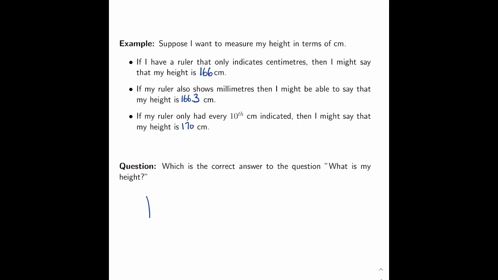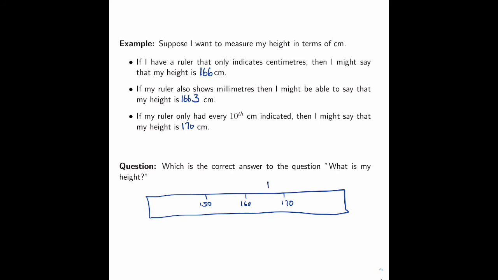If my ruler only had every 10th centimeter indicated, then I might say my height is 170 centimeters. Or, let's think about this a little. I won't draw all the way from the beginning, but suppose I have 150, 160, 170, and my height falls sort of right here. I actually think that we're inclined to average things, but probably not to go more precise than that.